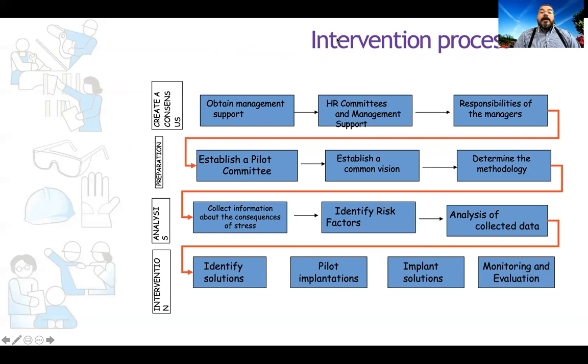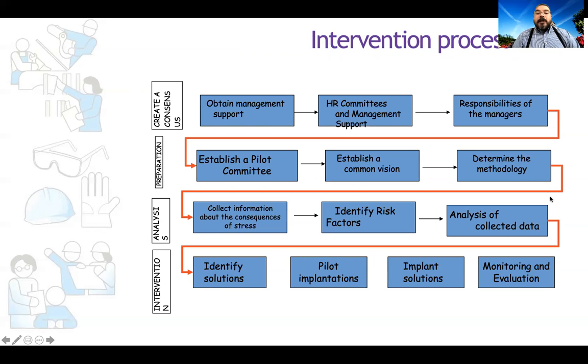And how should we intervene when we find one of those cases? First of all, we must obtain management support, then arrange some human resources committees or talent committees and management support. We must establish the managers' responsibilities. We also must establish a pilot committee, a group of persons that are going to be analyzing those aspects.